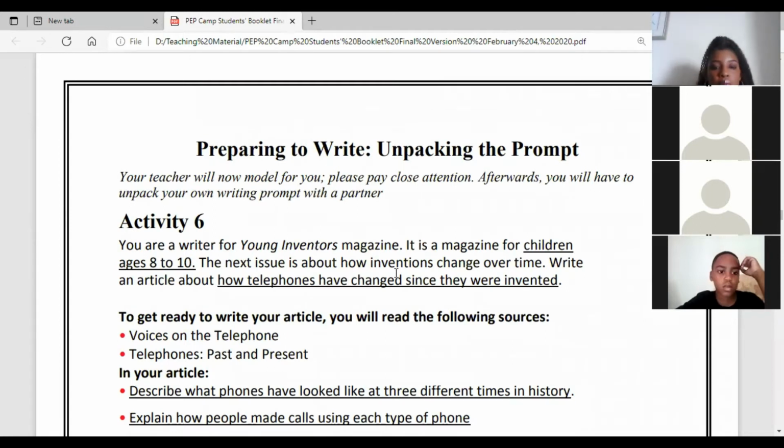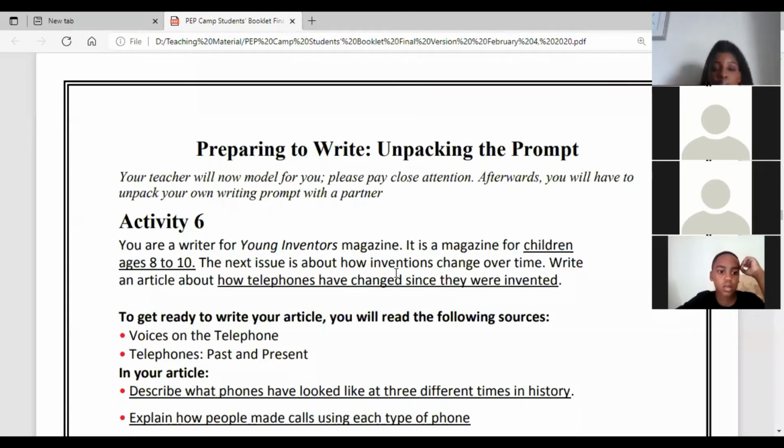So now, when you look at the performance task, the language arts performance task that you're doing in your class that your teacher is practicing with you, or when you're going to the actual examination, you won't see on the paper, students, unpack the prompt.